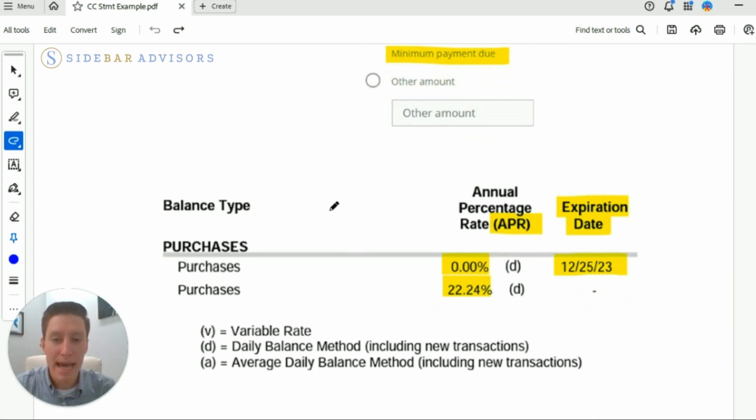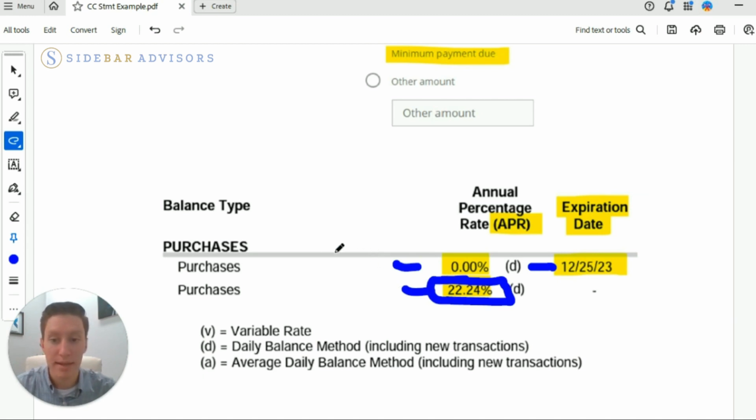Right now, you'll see here that my interest rate is 0. That's because for the first 12 months or so this card had a 0% interest rate. You'll see that this 0% interest rate expires on Christmas, actually, this year. Merry Christmas to me.